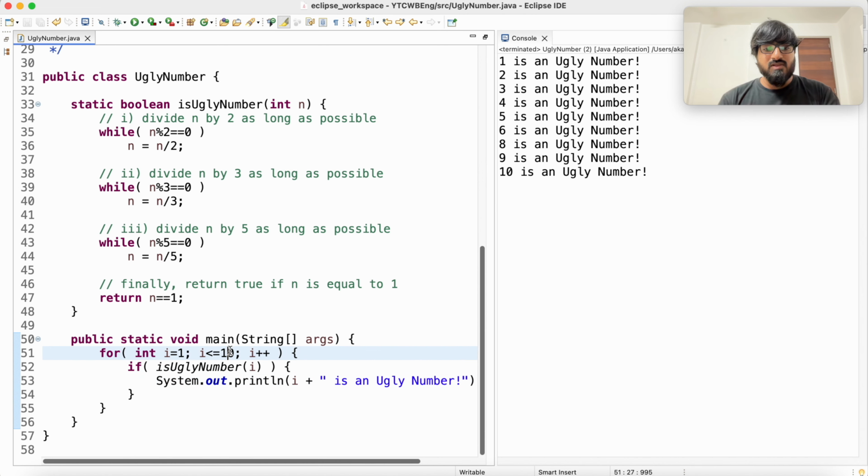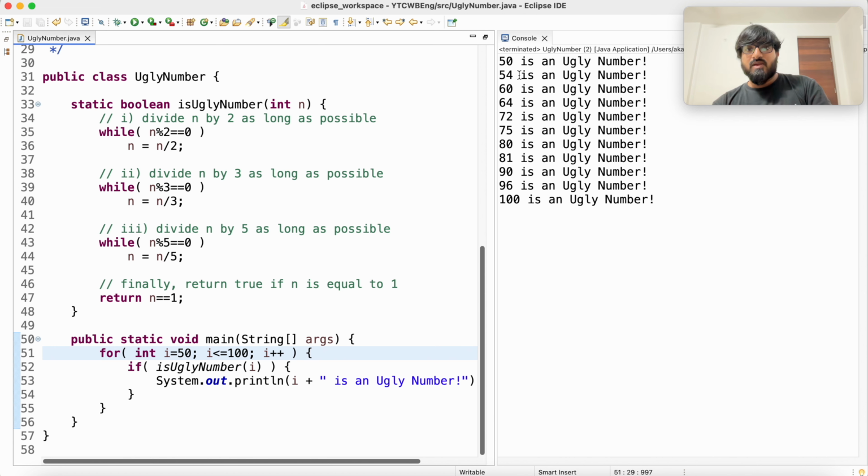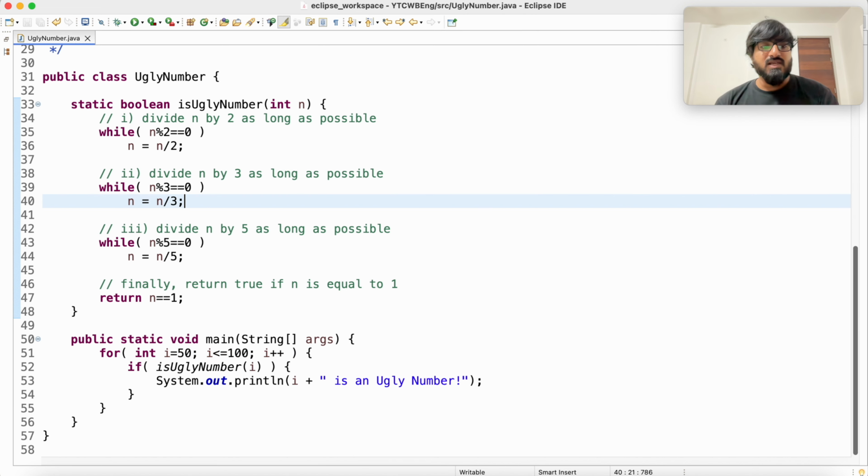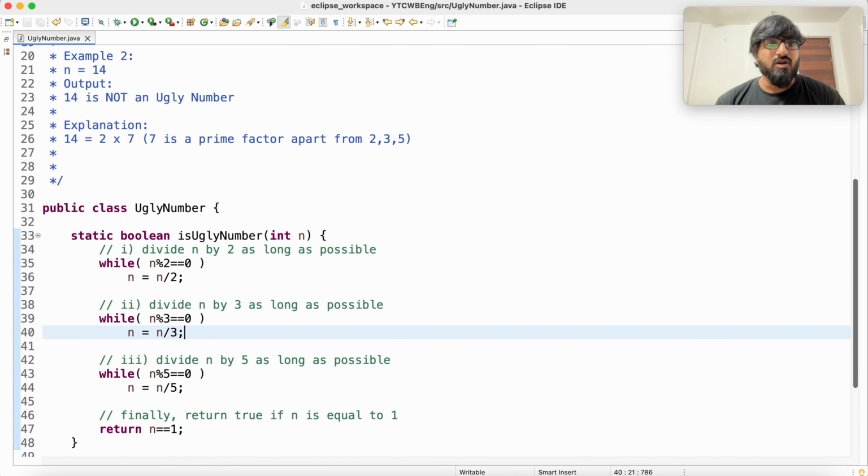We can also do this from 50 to 100. So this is how you check if an integer n is an ugly number or not.